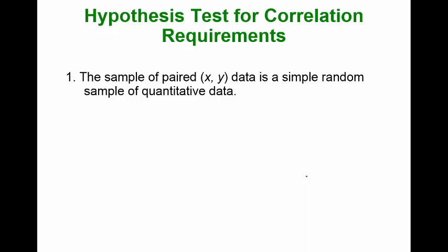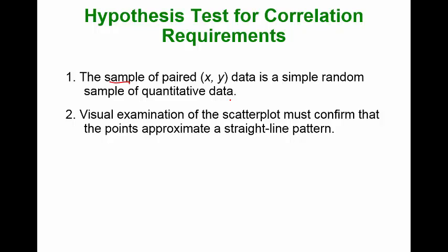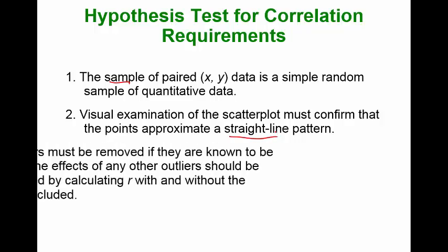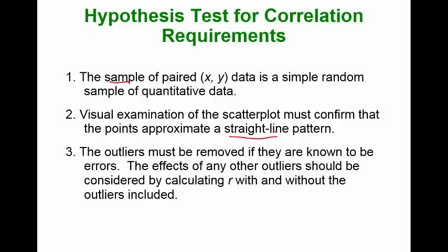So the requirements for our hypothesis test: we want our data to be simple and random, much like the hypothesis tests that we've had in chapters 8 and 9. We want a visual examination of the scatter plot that looks like it could be a straight line pattern. And we want to check to see if there are any outliers, and we may have to remove them.